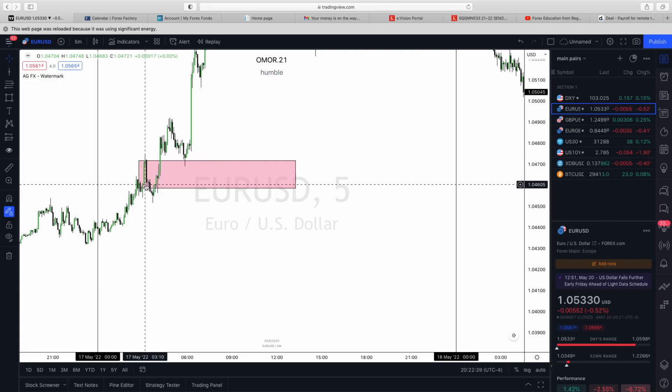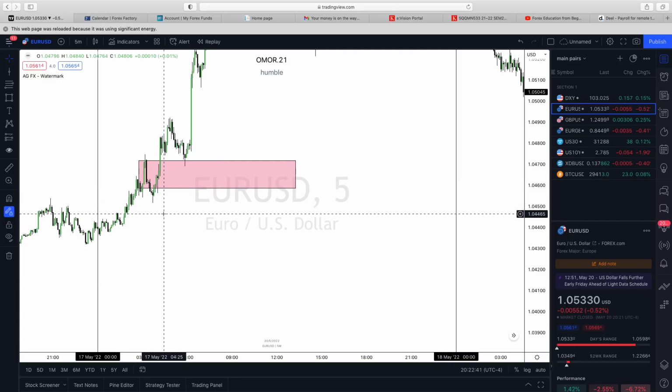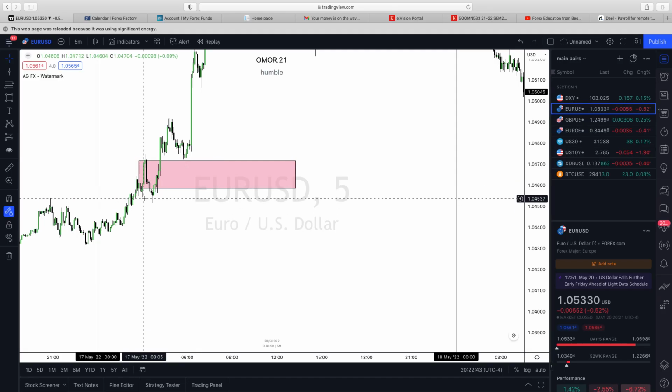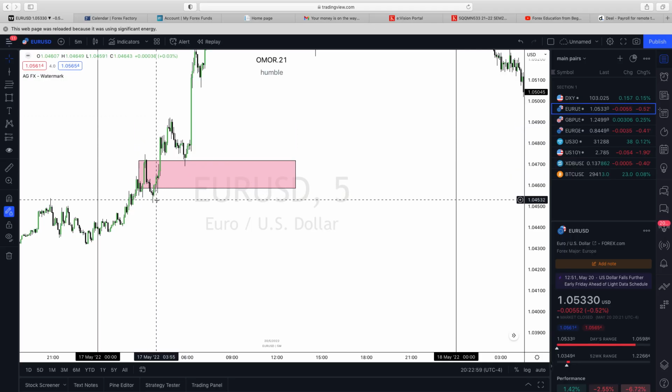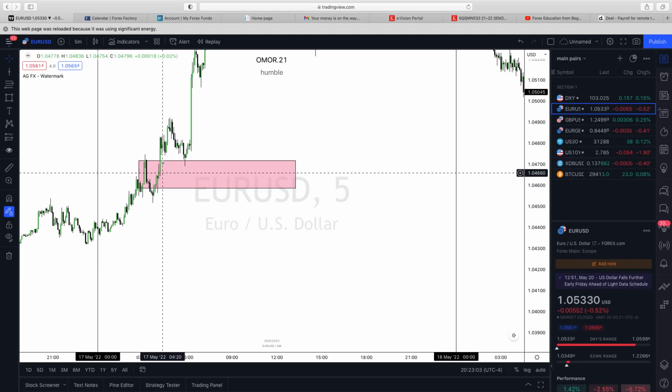Is this a mitigation block or is this a breaker block? Pay attention to the lows. Yeah, it's a breaker block because there's a high, lower low, higher high. Mitigation wouldn't have made this lower low. Mitigation would have done the higher low and just went higher. But the breaker does what? Makes the lower low a sweep on the liquidity and it trades higher.